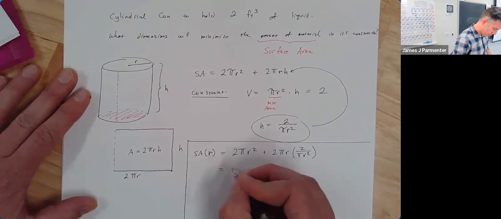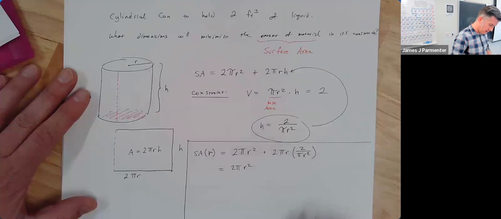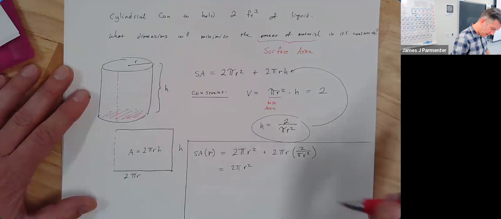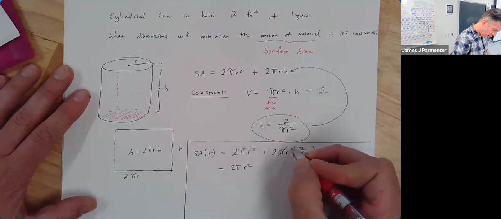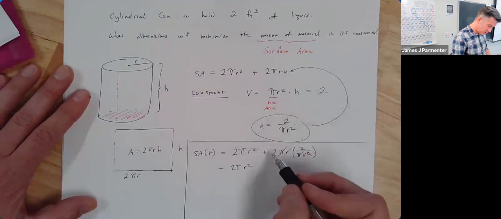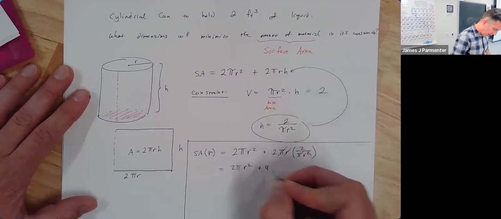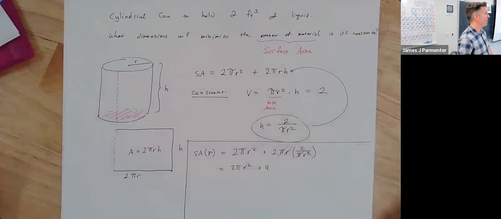This is going to equal 2 pi r squared, and then here I can cancel a pi and an r to get 2 times 2, which is 4. And instead of writing 4 over r, I would recommend writing it as 4 times r to the negative first.